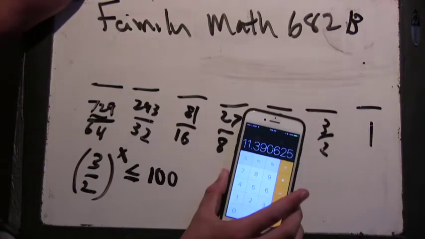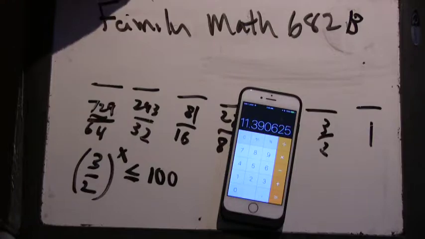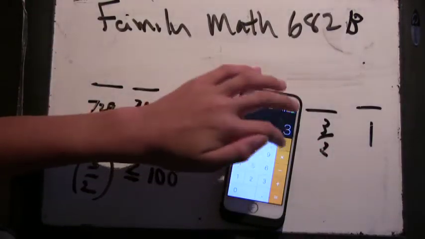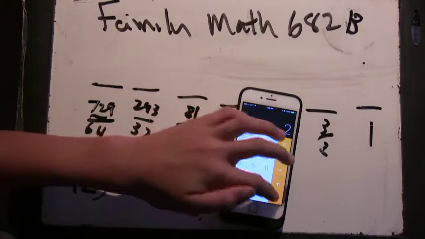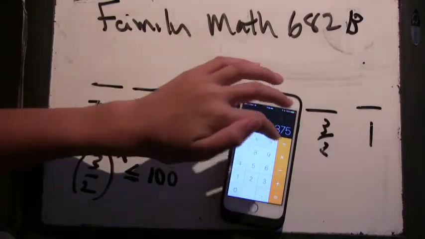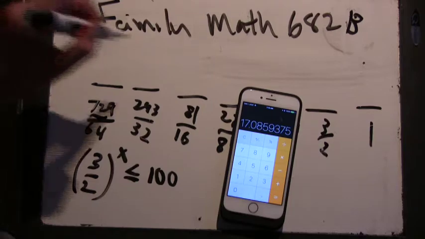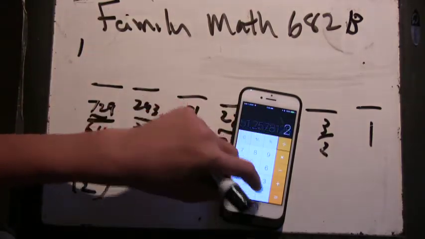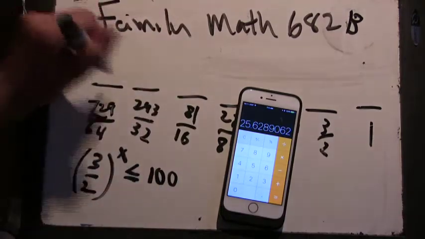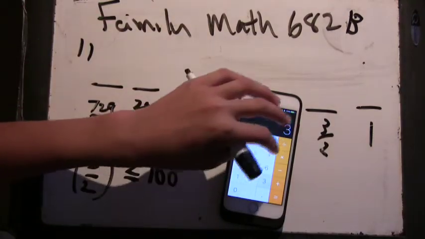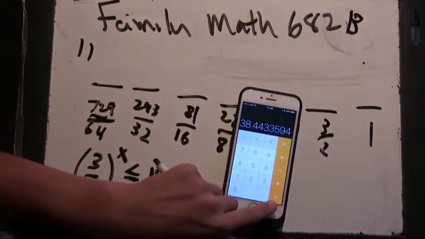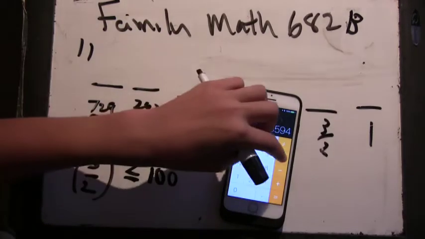I can just keep going up by 3 halves each time, since this should increase faster. Like that. Yeah.